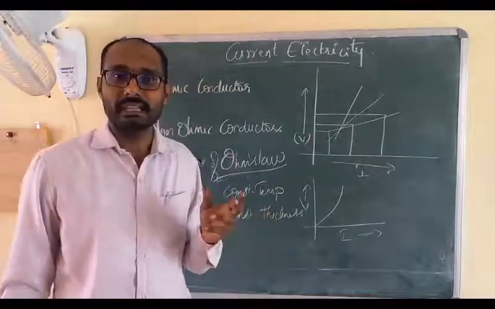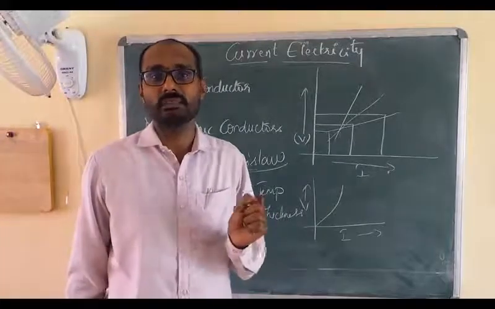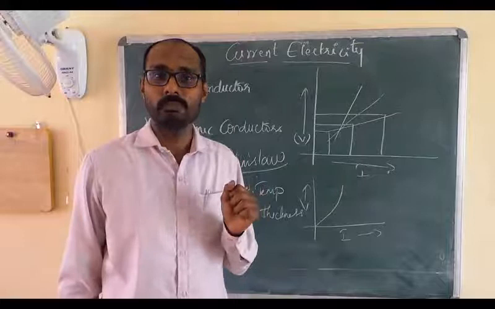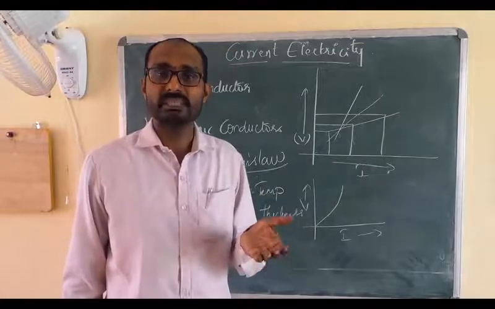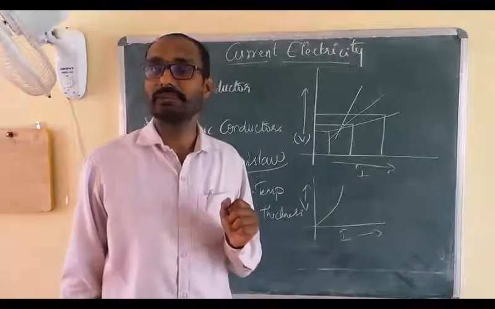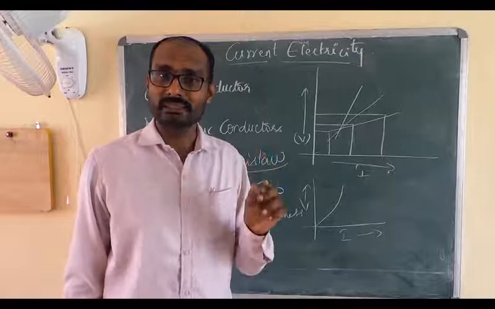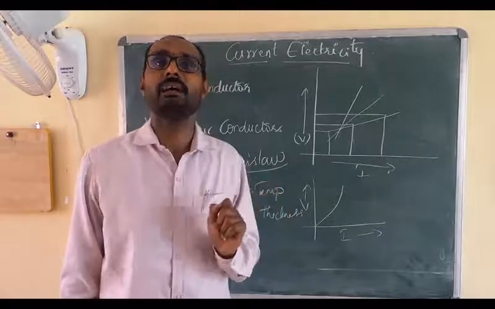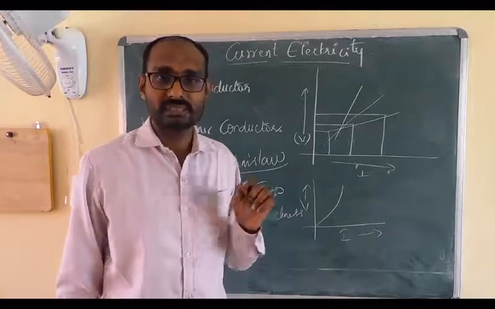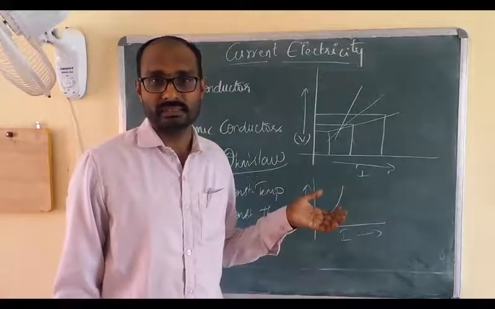Also, in an electric bulb, initially the resistance is very low, but as the temperature keeps increasing, the resistance of the bulb increases and the current flowing through it decreases. So a glowing filament of an electric bulb also behaves like a non-ohmic conductor. This is the difference between ohmic and non-ohmic conductors.